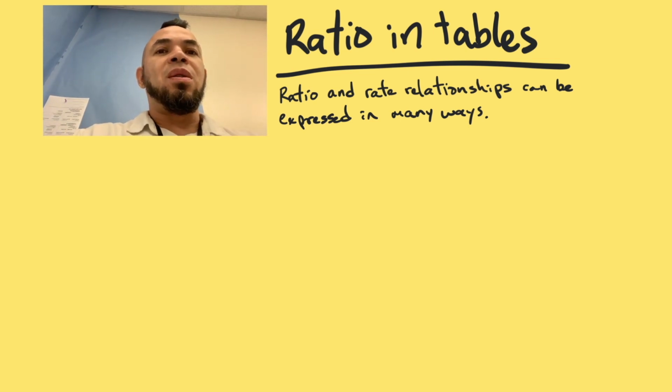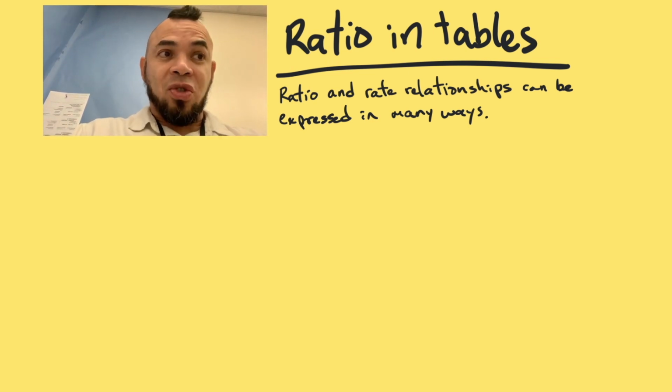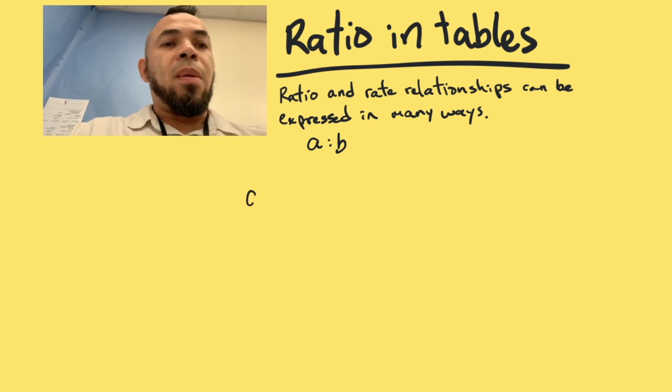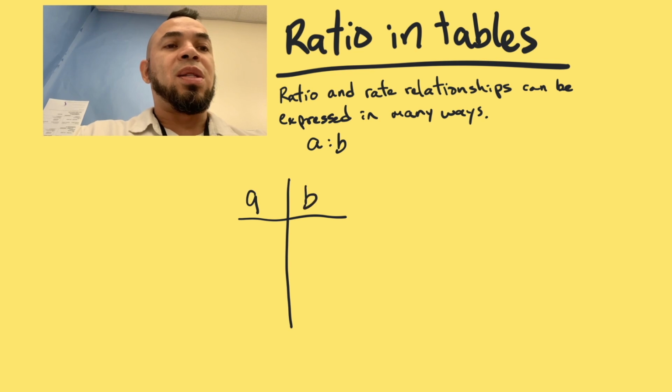So, ratio and tables. Ratio and rate relationships, which you need to know about, can be expressed in many ways. They are an A to B relationship, so that's the ratio. Let's say you have a table, with A on one side and B on the other. That's how you can write down the ratio relationships between them.